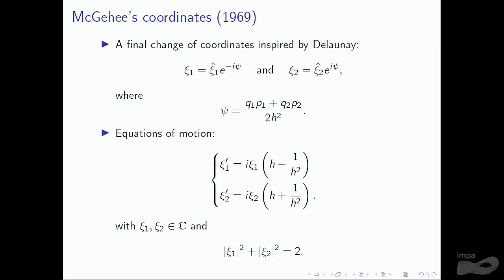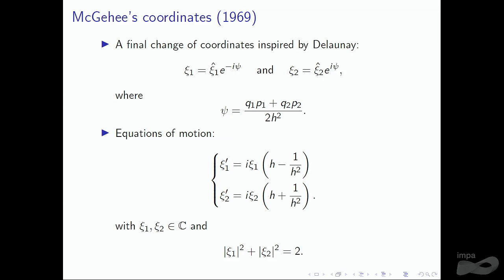And then in these new coordinates, xi1 and xi2, the flow, the rotating Kepler problem, is given by these two equations here.